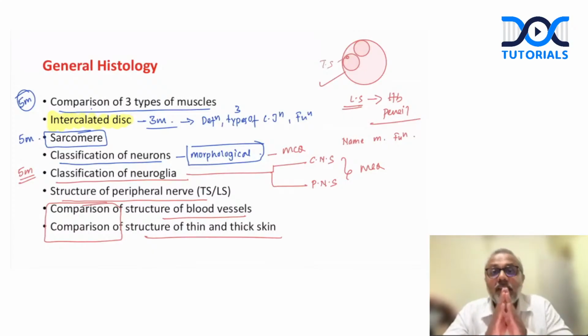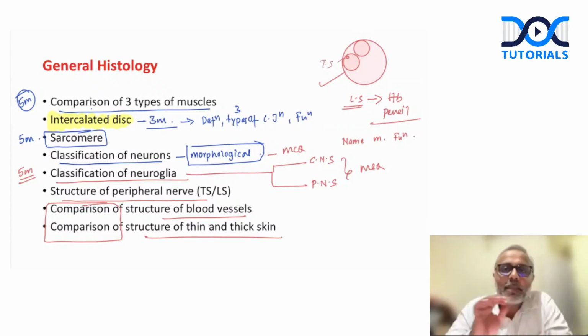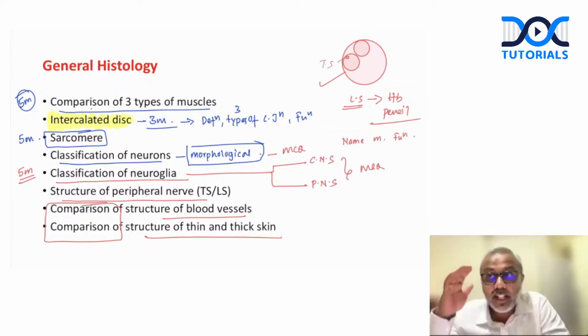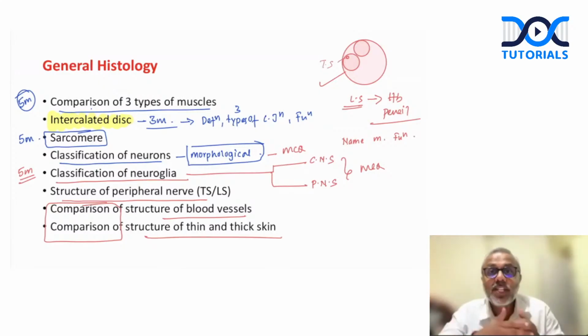And then when you start describing the structure, they will definitely ask about, is stratum corneum present in thick skin? All of us will say, yes, it is present. Immediate question is stratum corneum present in thin skin? Now you will start thinking, is stratum corneum present? Now, since it is thin skin, the stratum corneum is absent.